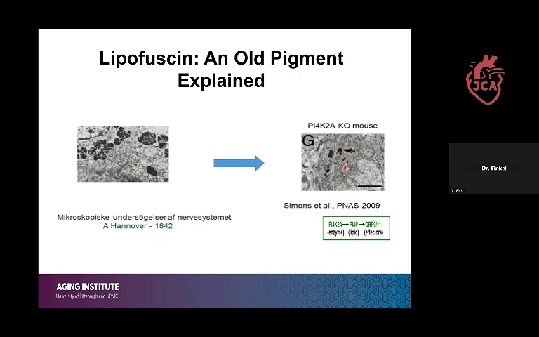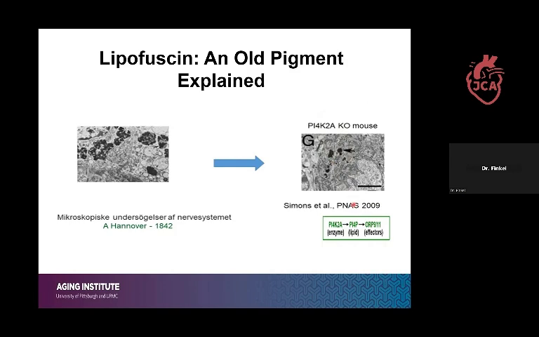When they analyzed the brains of those animals by EM, they noted a massive accumulation of lipofuscin in the lysosomes of those animals. At the time, they didn't know the role of 2-alpha in lysosomal repair, and they really didn't have an explanation for this observation.